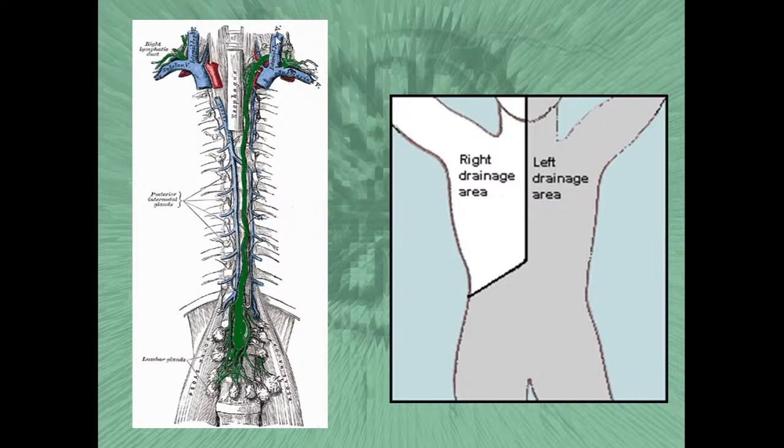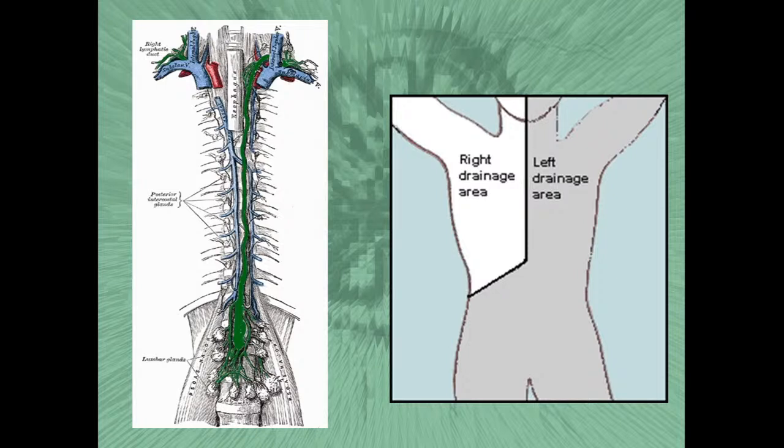It's a junction between the left internal jugular vein and the left subclavian vein, so it empties in this place. In this way, lymph returns back to the venous system. The right lymphatic duct is much shorter. It's usually 2 centimeters long, and sometimes it's completely absent.